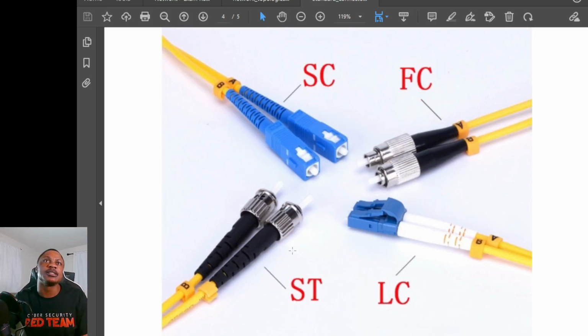As you can see, the ST connector and the FC connector look very alike. The only difference is that the ST, which by the way stands for straight tip, uses a locking mechanism, and that's what makes it different.